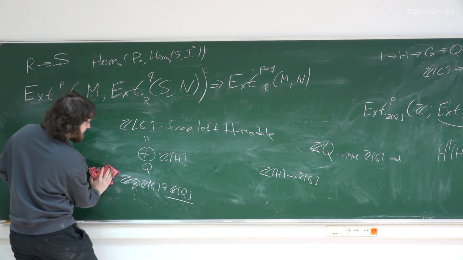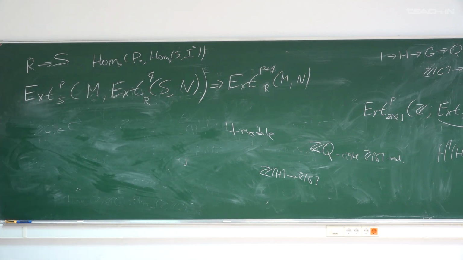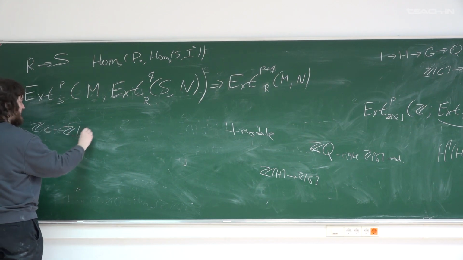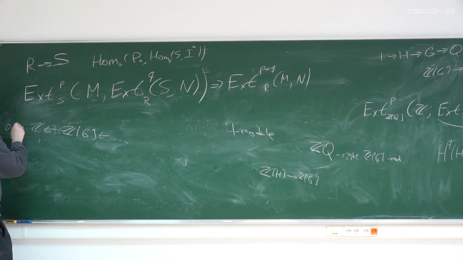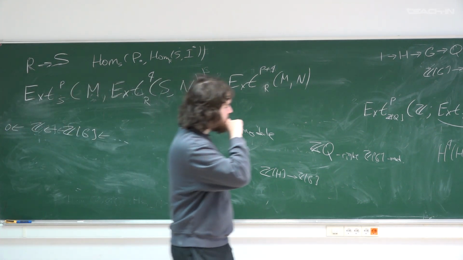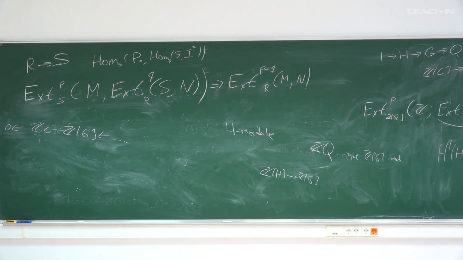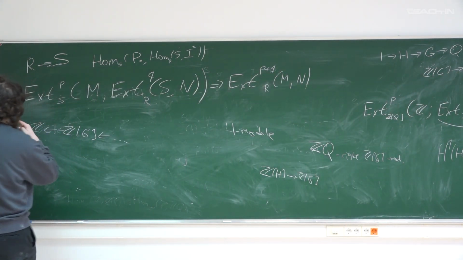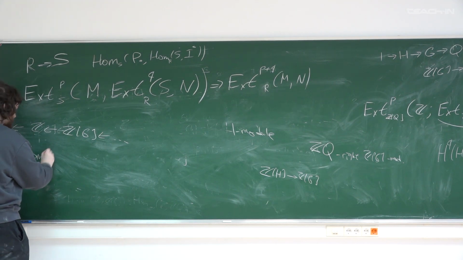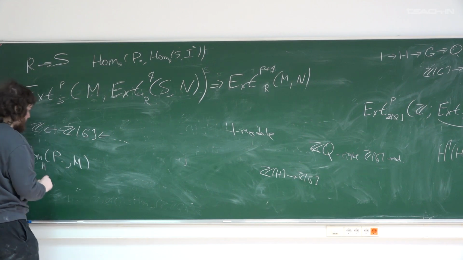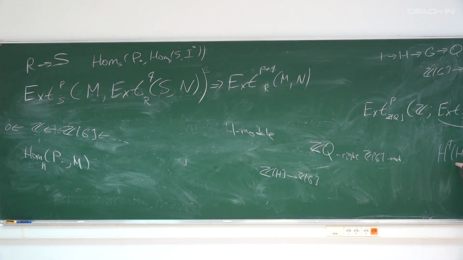Consider, just one second, Z, G, M, H. Consider the bar resolution for Z. It's a bar resolution over G. And now I want to apply this resolution to M over H. Then this gives me this homology.